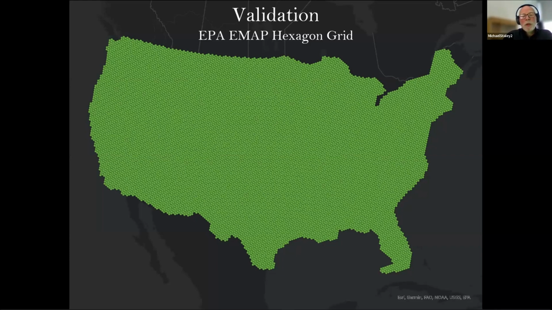Each EMAP hexagon contains about 20 FIA plots on average, which is enough to produce statistical estimates with some reasonable confidence intervals. Also, the FIA plots are already attributed with the EMAP hexagon codes, which makes it a convenient sampling network for generating comparative estimates.